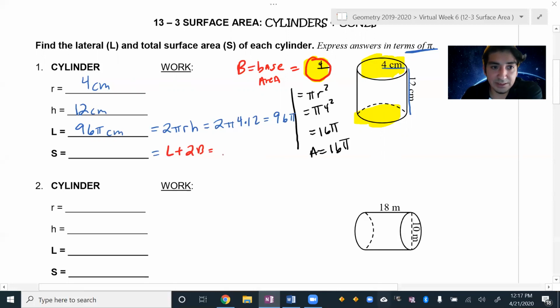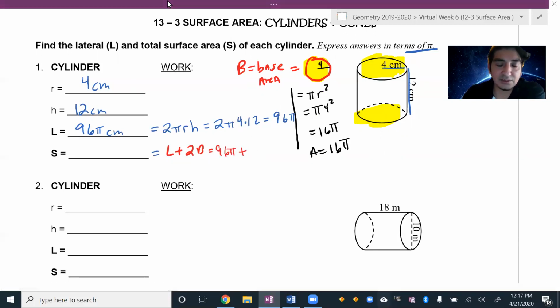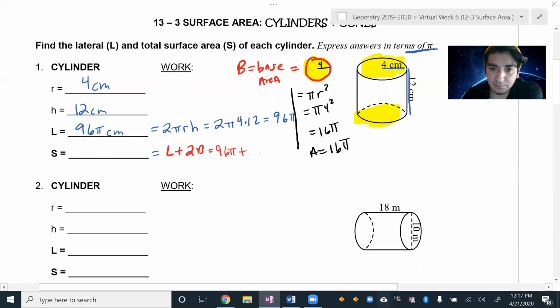So S is gonna be 96 pi plus, let's see, 2 times 16 pi. So if we do this, we get 96 pi plus 32 pi, and then you just add them up at the very end.